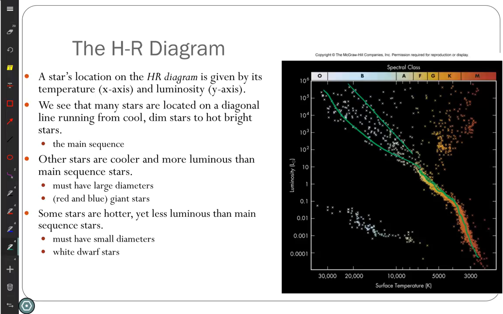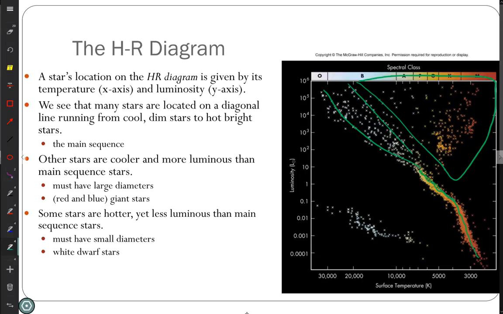It's where most stars are. As we'll see, it turns out that's because the main sequence is where stars are when they are living their lives as a normal star. When they are dying, they grow. And so everything that is in this region here is dying stars.